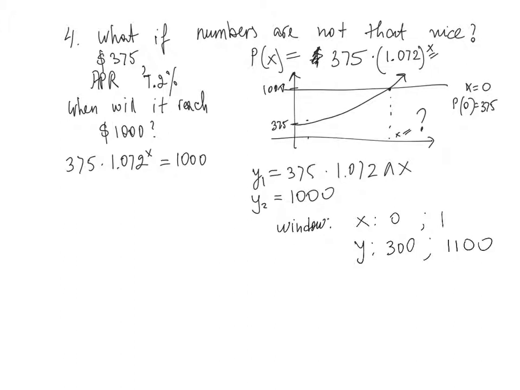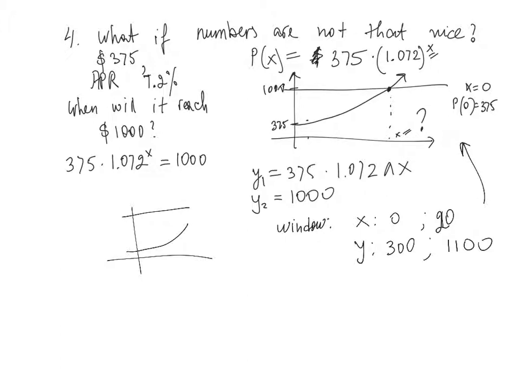So I'll try 10. So when I did this, I saw a graph like this. You may try it and you will see something like that. So they didn't meet yet, but it looks like it's getting close. So I'll try 20, and then I will actually see what I need to see. I will see the intersection. And you can play around with a window. It's usually more beneficial than using zoom fit, because the calculator doesn't really know what you need.